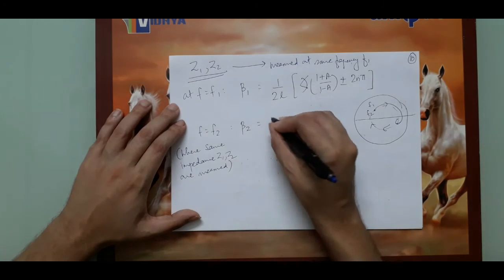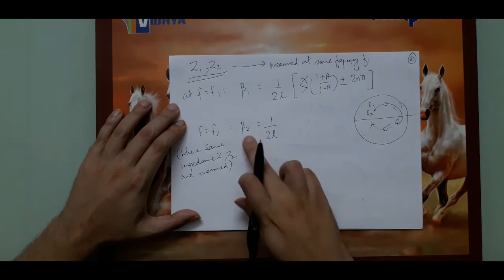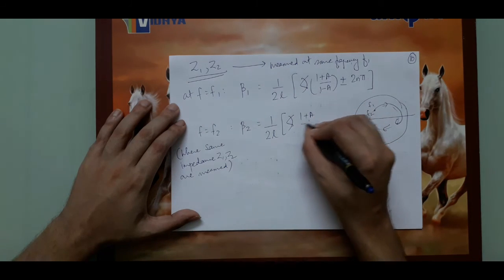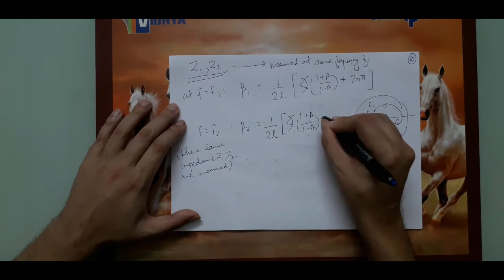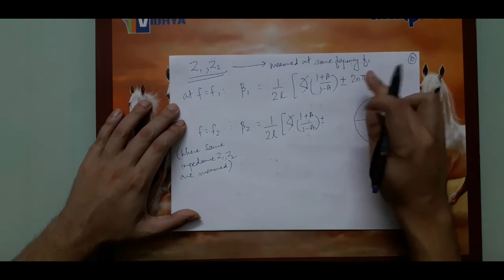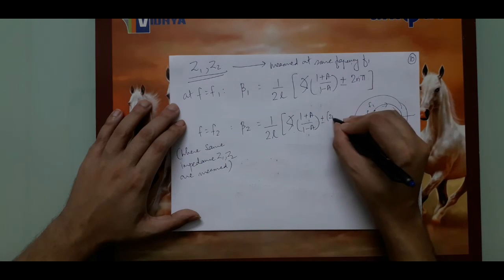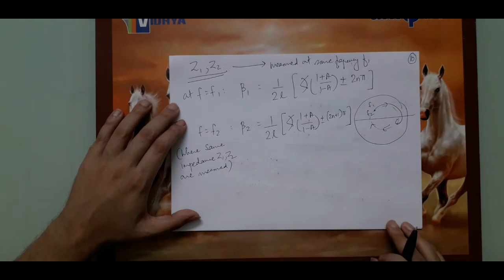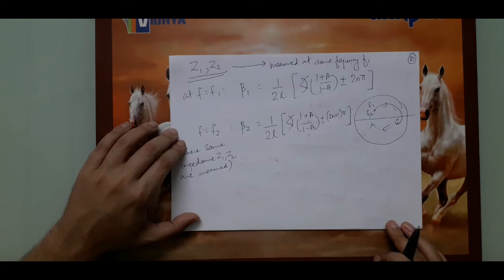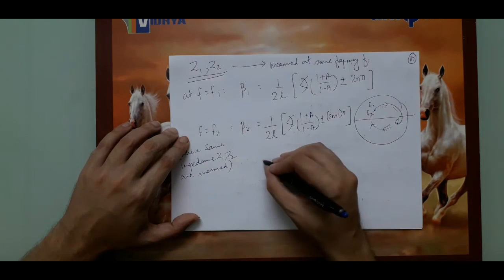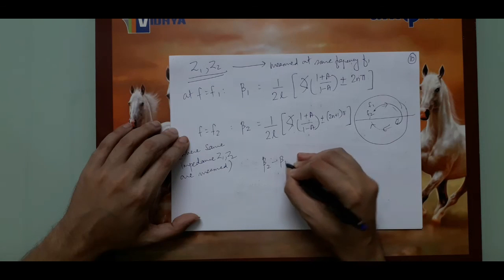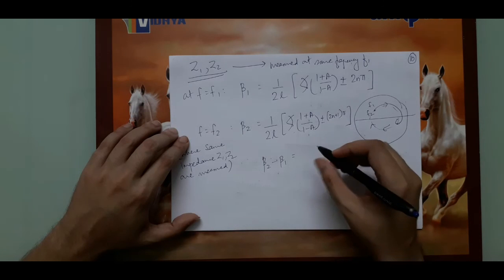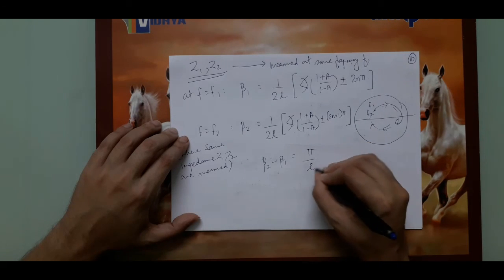So therefore beta at this frequency would be plus minus, this will now become n plus 1, because I am going for the next higher iteration. If you now subtract the two, beta 2 minus beta 1 is nothing but pi by L.